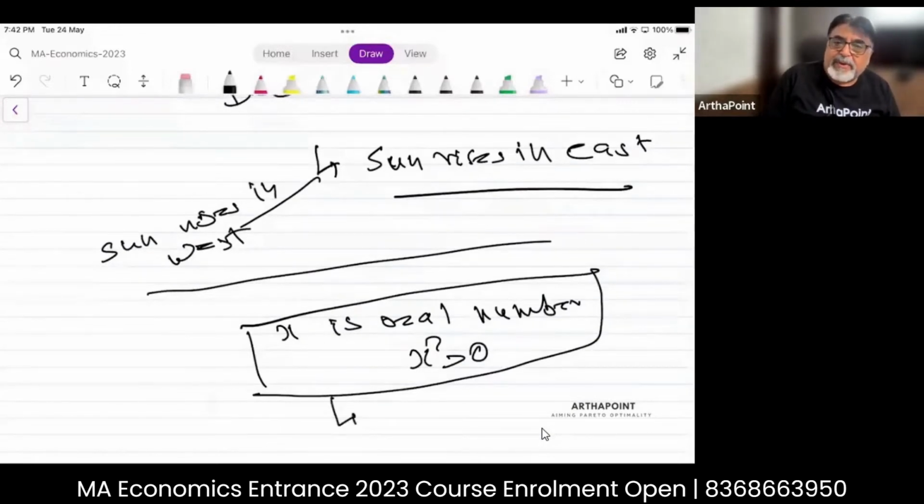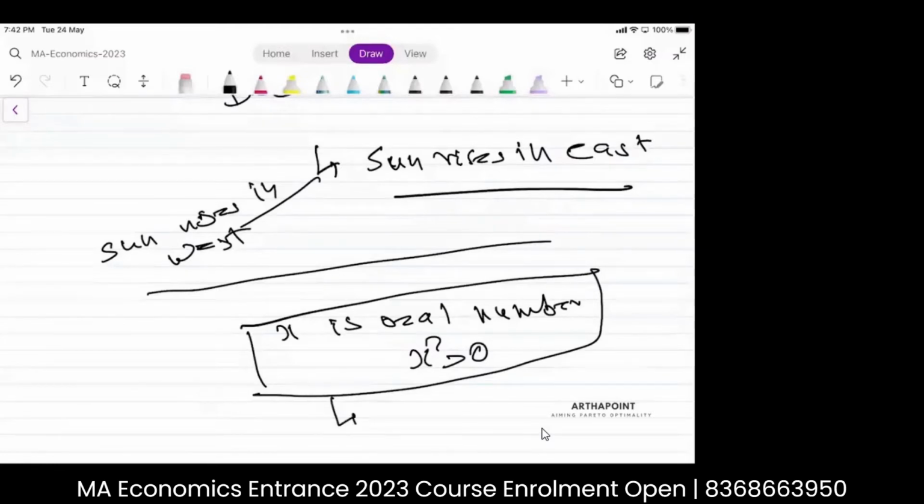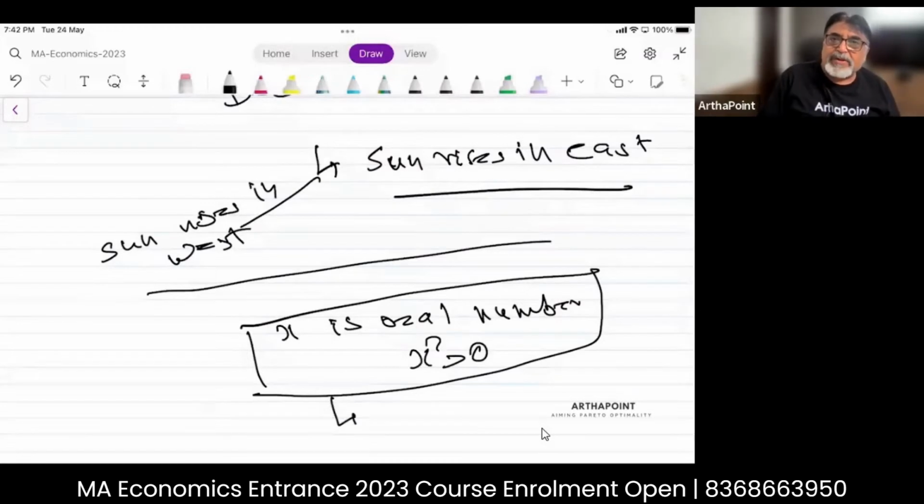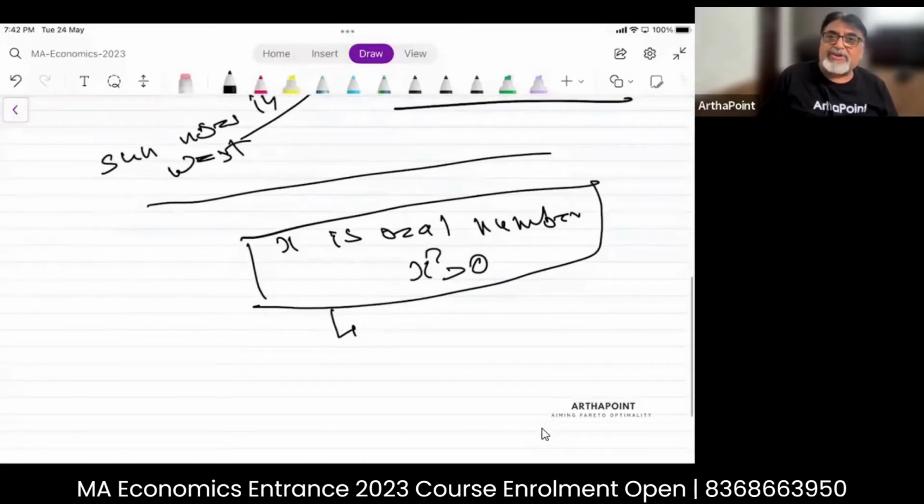Yes, it is a proposition because you can evaluate its truth. X square may be greater than 0, may not be greater than 0. Now, you know that square of any number is always greater than 0. Right now, we are not debating that. We are not debating whether square of number is greater than 0 or not. What we are saying is, you can evaluate that end result. End result is true, right? So, it is a proposition.